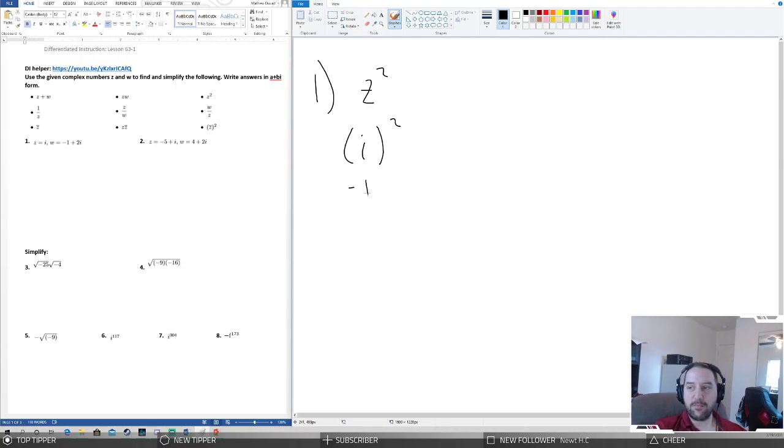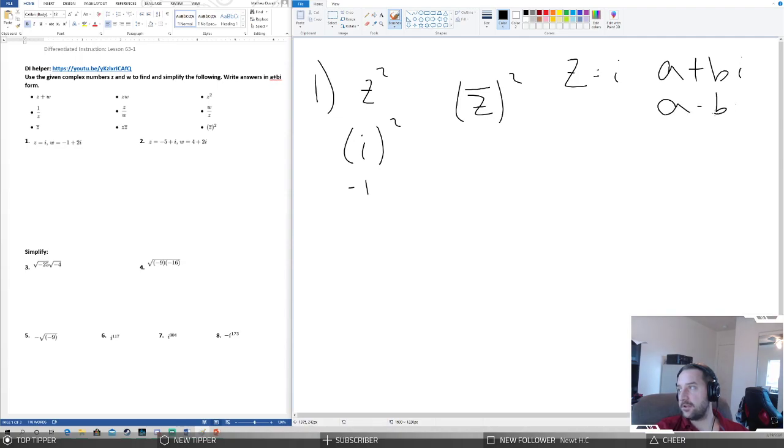I'll do the 9th bullet point, where it's z bar. So z bar squared. My z is i. If my z is i, let's go through this thought process. We need to look at it in the form of a plus bi. That means my b is +1.